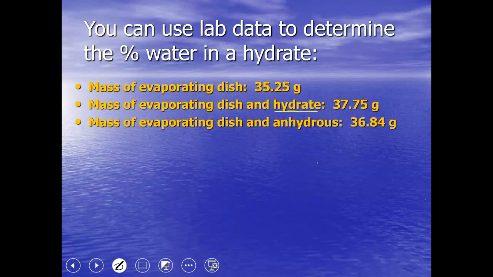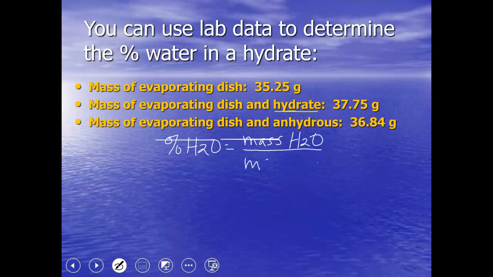So you compare it to theoretical percentages of water and determine an identity. So to get the percentage of water, you take the mass of water over the mass of the hydrate, and you multiply by 100.